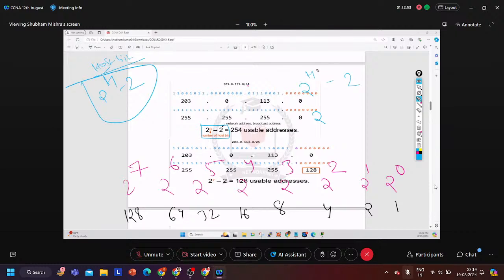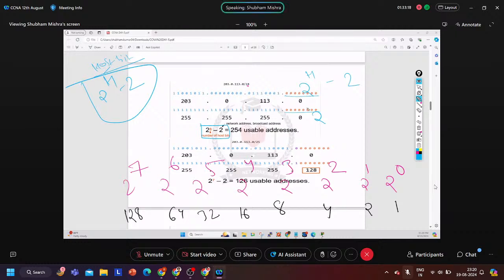Okay, there are two ways. Either you can calculate, or you can see it like this. This is the network ID, and in this network ID this octet is completely empty, completely 0. It means right now we are not using any network part.